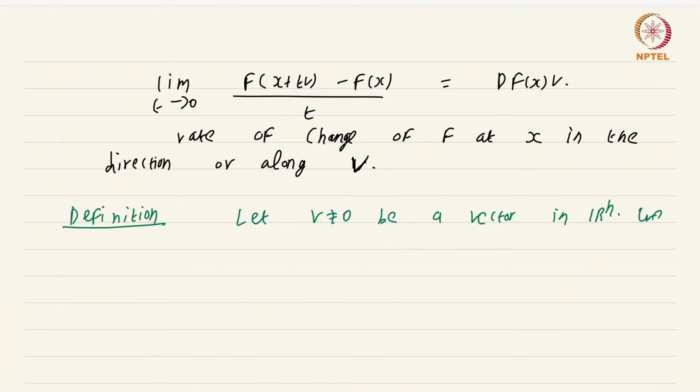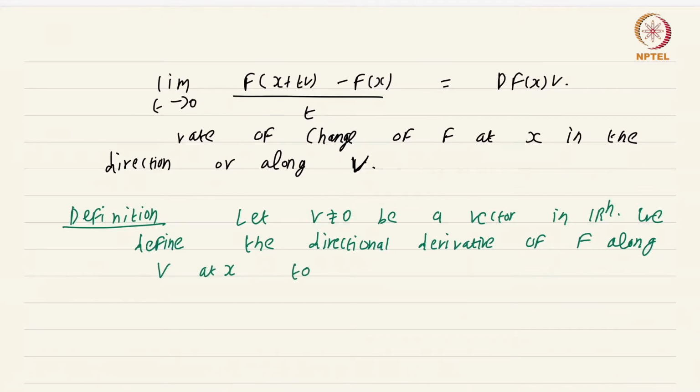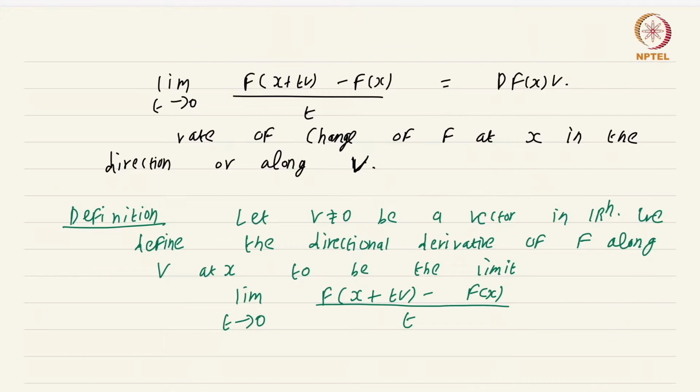We define the directional derivative of f along v at x to be the limit as t goes to 0 of (f(x + tv) - f(x))/t, provided the limit exists.